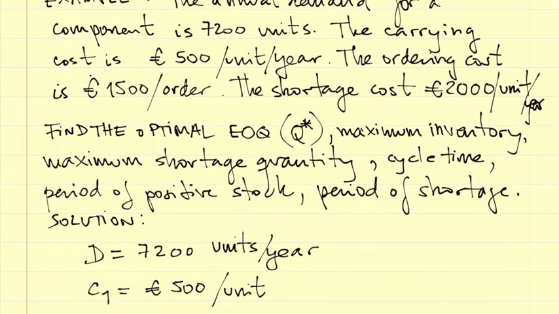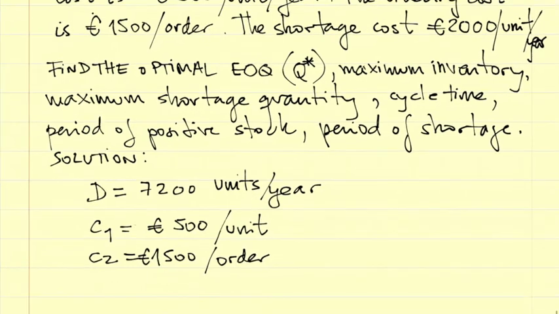C2 equals 1,500 euro per order. CS, and C2 is 2,000 euro per unit per year.